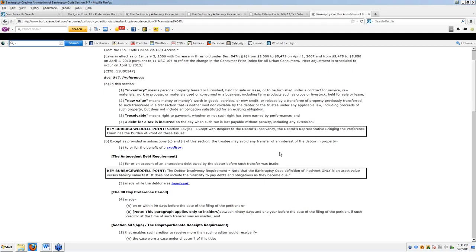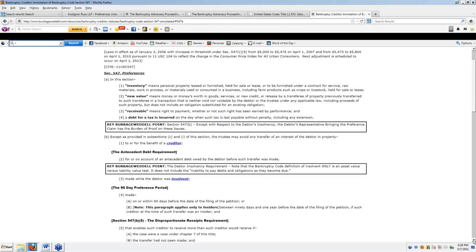Explain that a little bit. Well, antecedent means... What is an antecedent debt? That means that it's a debt, it's defined in, let me find the definition here.